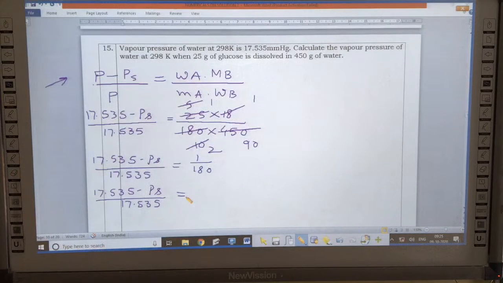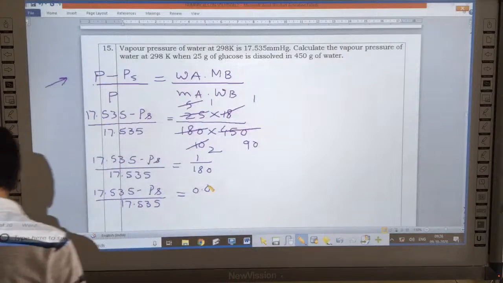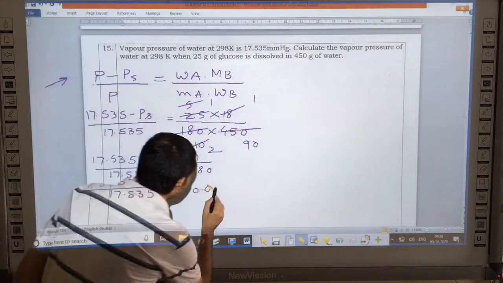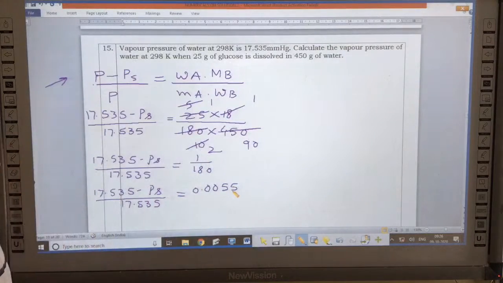Let us divide it and see what is coming. 1 divided by 180 is 0.0055. Clear?